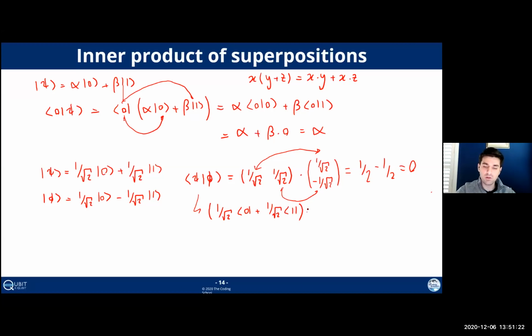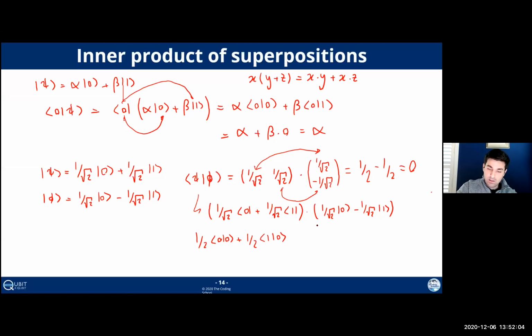And then it's as if I'm multiplying this by the state phi, which is 1 divided by square root of 2 ket of 0 plus, minus 1 divided by square root of 2 ket of 1. And similar to multiplication, we're just going to go one by one, in normal algebra variable multiplication. So I'm going to have 1/2 overlap of 0 with 0 plus 1/2 overlap of 1 with 0.